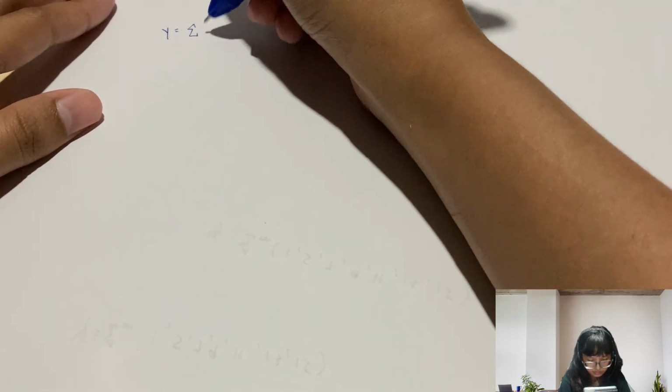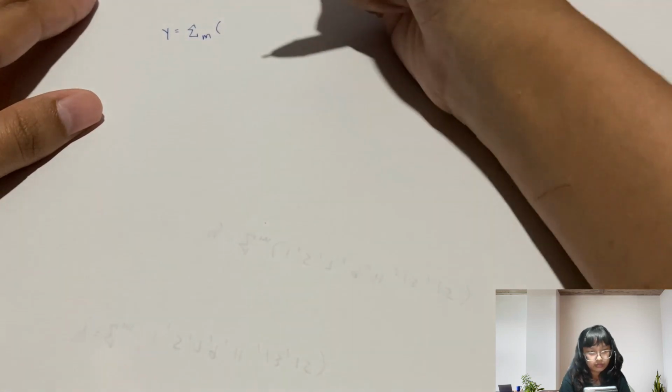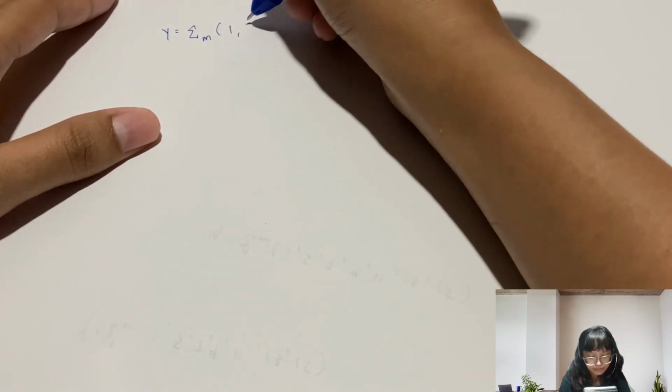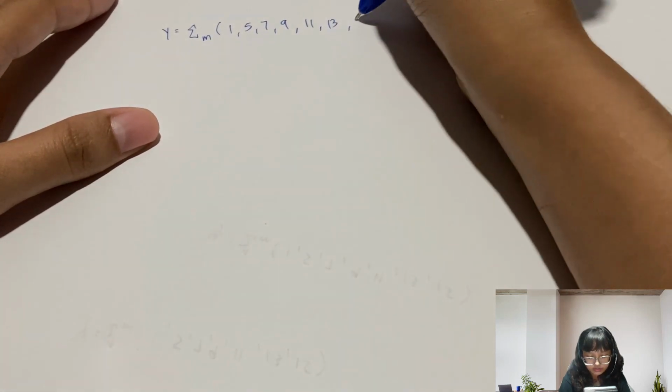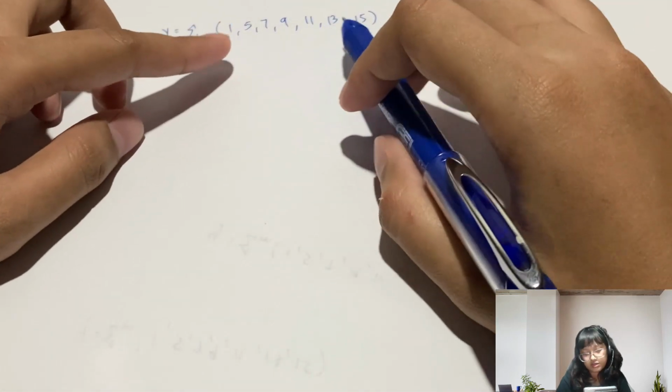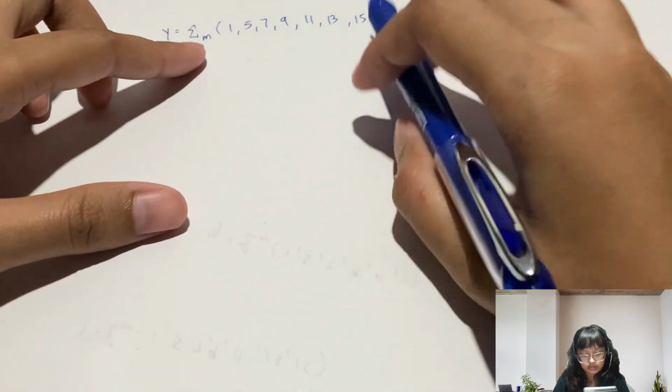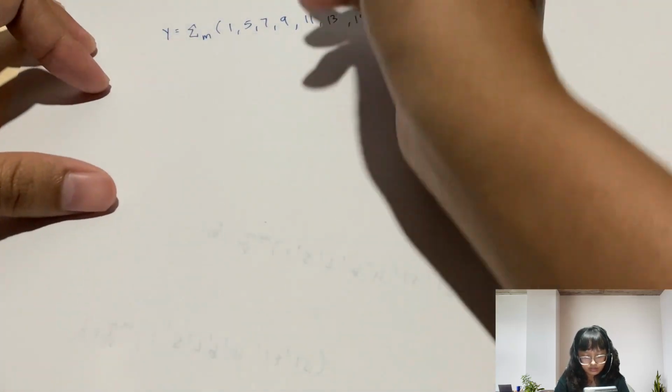Let's say, for example, we have this given. The function Y is equal to the sum of min terms 1, 5, 7, 9, 11, 13, and 15. So, basic given, ang gagamitin natin ay ang 4 variable table.